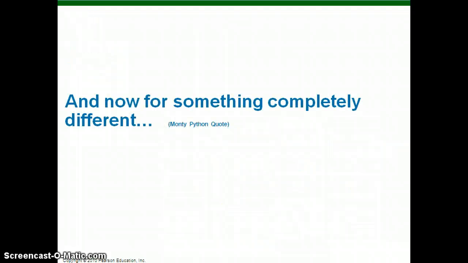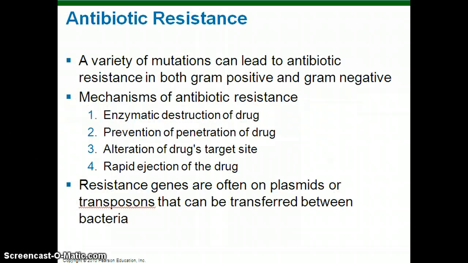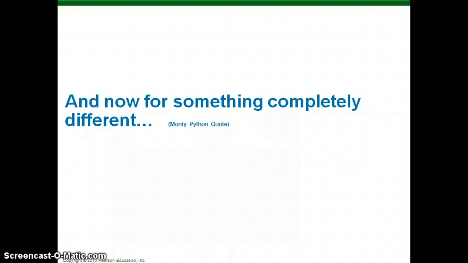Now let's look at something completely different, or as Monty Python would say, and now for something completely different. We're going to take a look at antibiotic resistance. The majority of available antimicrobial agents are effective against bacteria. We talked about how there are not as many antimicrobial agents out there for viruses and protozoans and helminths because it's more difficult to target them.